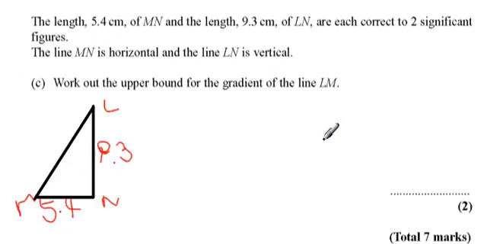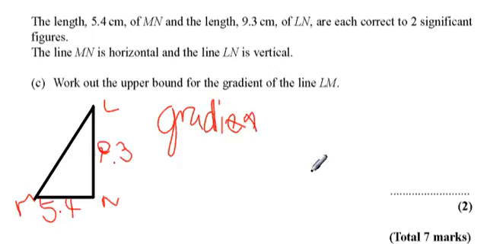But of course, 9.3 and 5.4 are only accurate to two significant figures. So the gradient is going to be given by LN, the rise, over MN, the run.